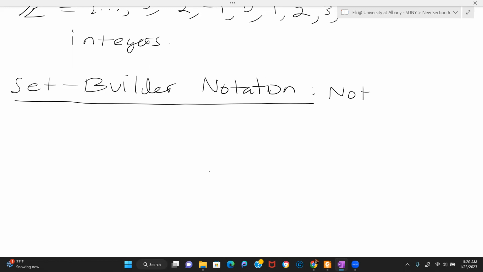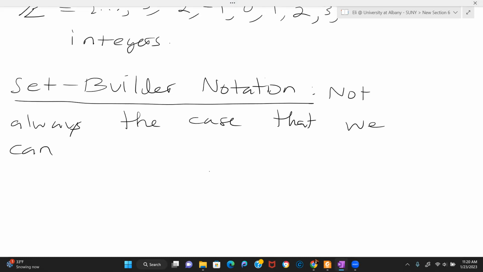Let me write down what I just said. It's not always the case that we can explicitly list the elements of a set.